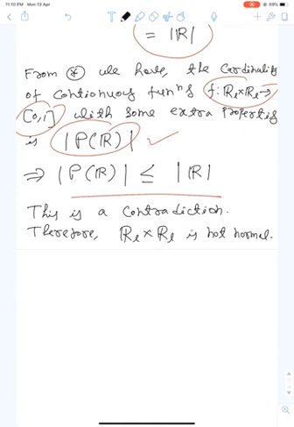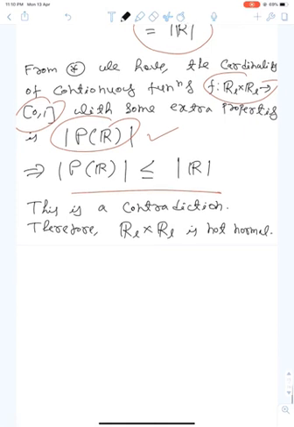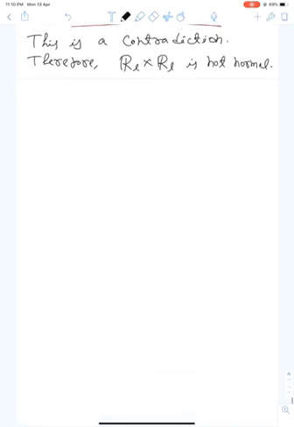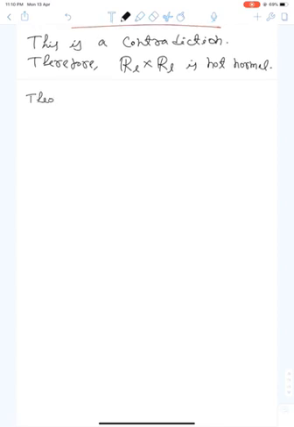Now I state the final result of this chapter. I will not give the complete proof. In the previous theorem we have seen that RL cross RL is not normal, but we know that RL is normal, right?